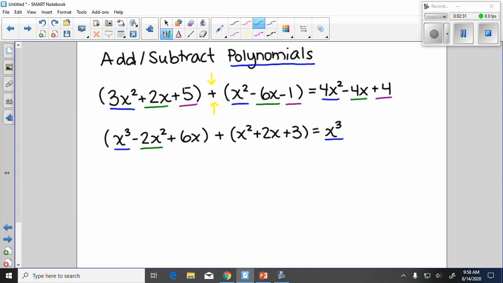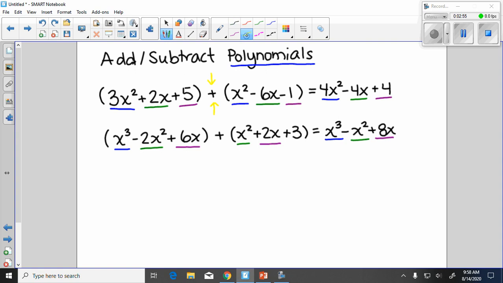When we move on to the x squared terms, I do have more than one of those. So if we put negative 2 plus a positive 1, that gives us a negative 1 x squared. Here we have a 6x term that is like the 2x term, and if we add them together, we get 8x.